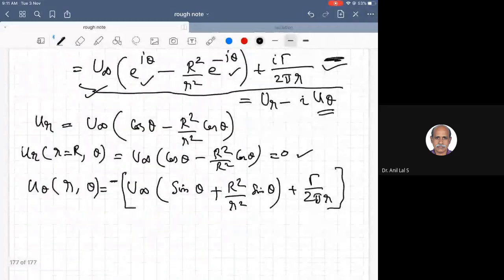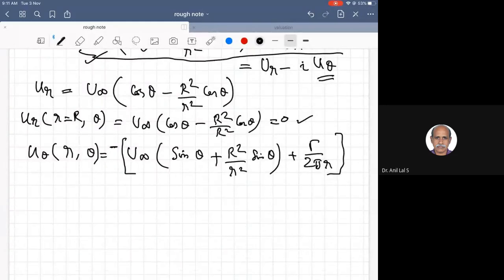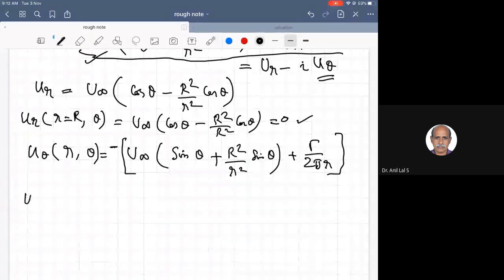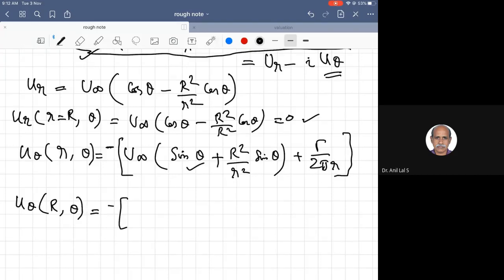So u theta is the tangential component of velocity at any point around the cylinder, any radius and any angle theta. Now suppose I want to find u theta on the surface of the cylinder. Sin theta plus sin theta becomes equal to 2 sin theta.